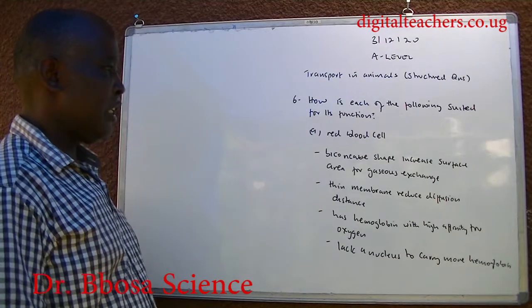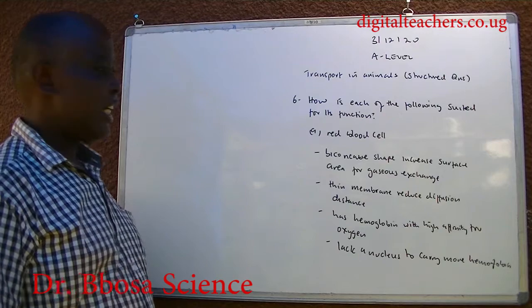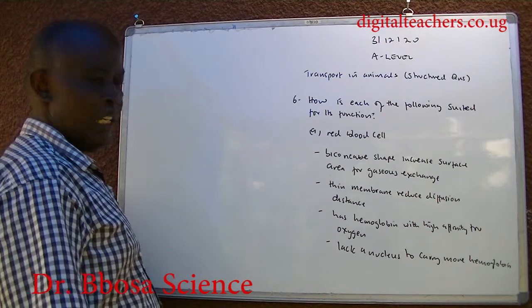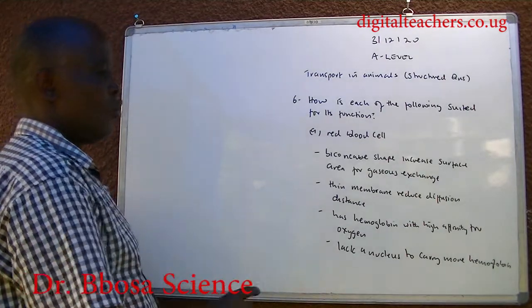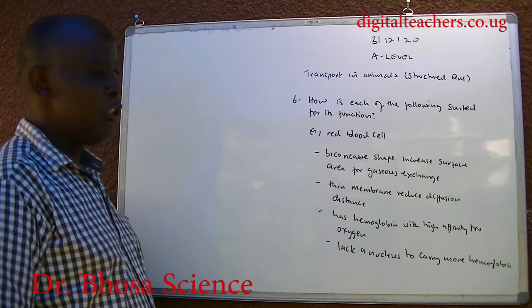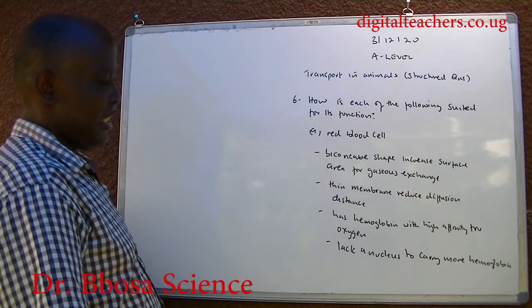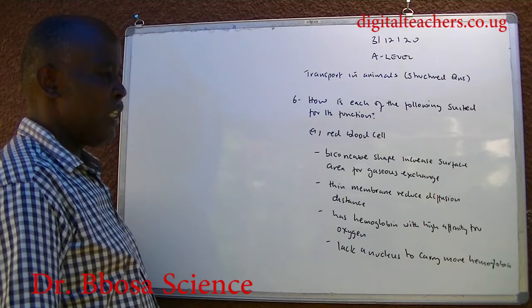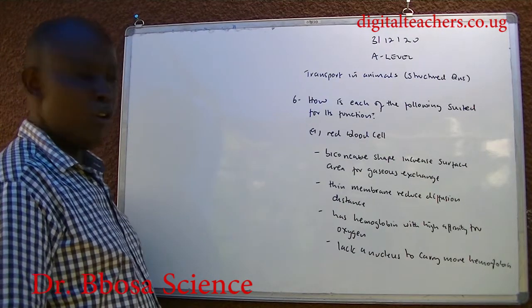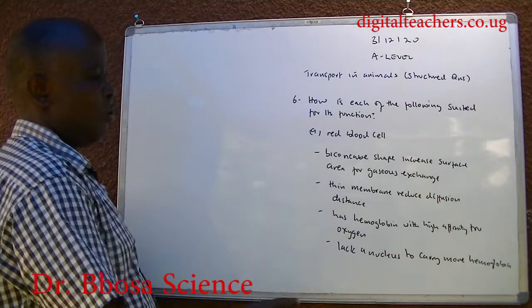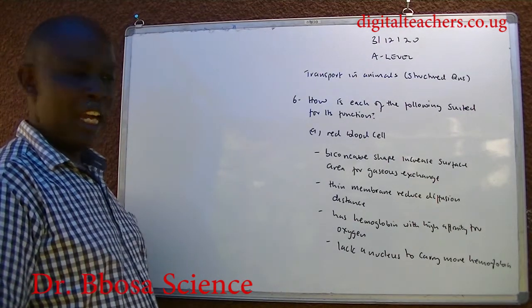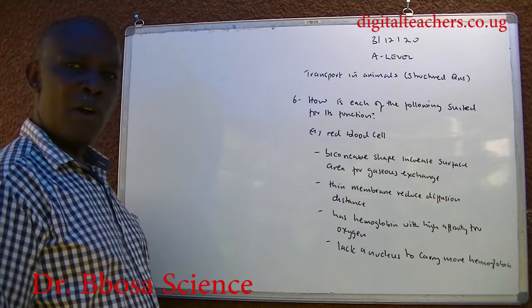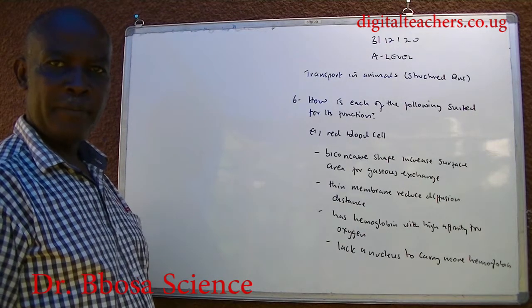A. Red blood cell: 1. Biconcave shape increases surface area for gaseous exchange. 2. Thin membrane reduces diffusion distance. 3. Has hemoglobin with high affinity for oxygen. 4. Lacks a nucleus to carry more hemoglobin.